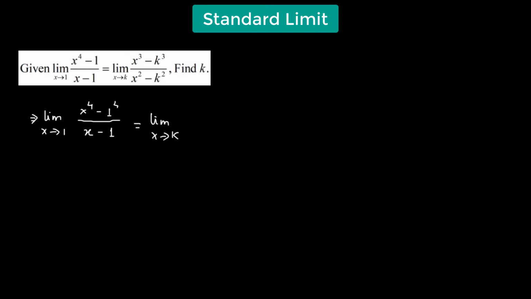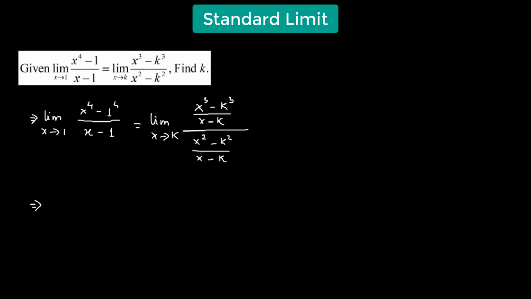What we are going to do is divide the numerator and the denominator by x minus k. So we have x cubed minus k cubed divided by x minus k, divided by x squared minus k squared divided by x minus k.